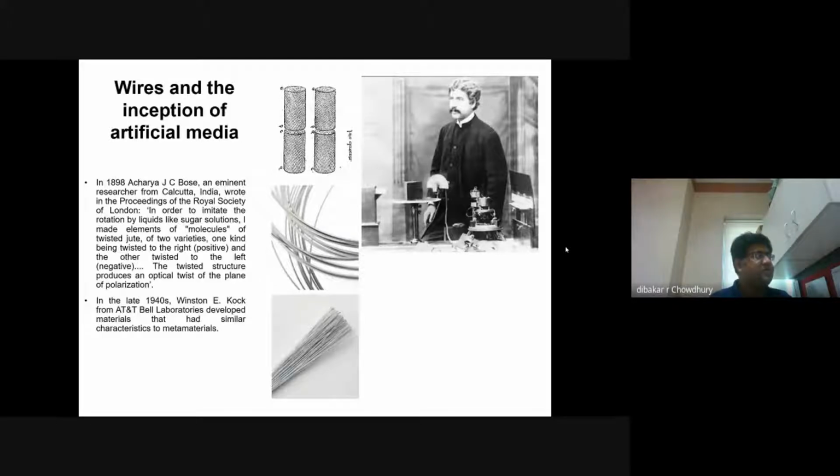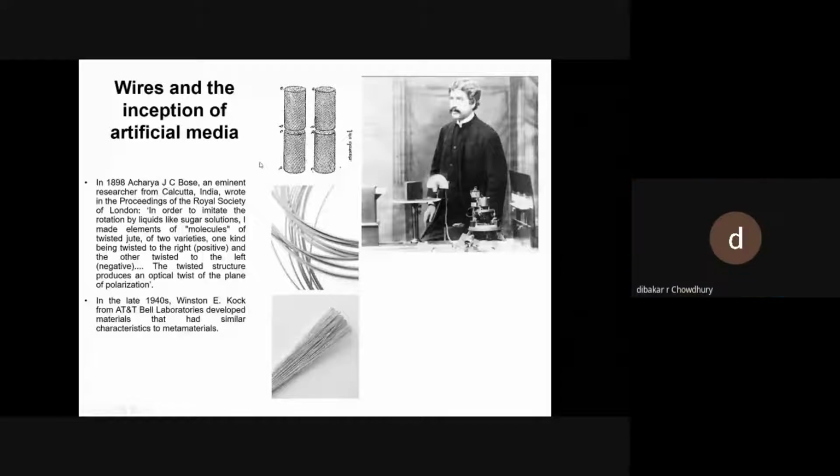And this concept of wires and artificial media was actually first introduced in 1898, more than 100 years before John Pendry proposed this metamaterial idea, by Acharya J.C. Bose. What he did at that time, in spite of all the limitations in experiments and funding, was a very simple experiment.